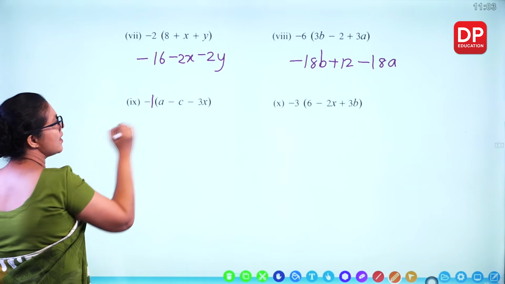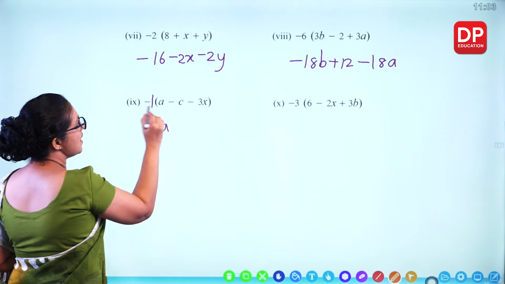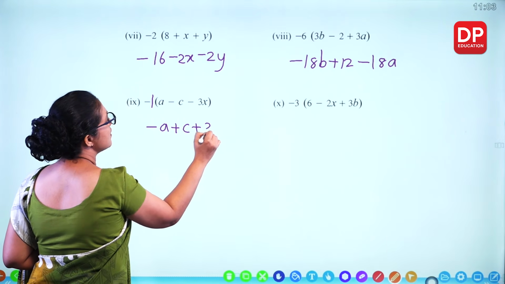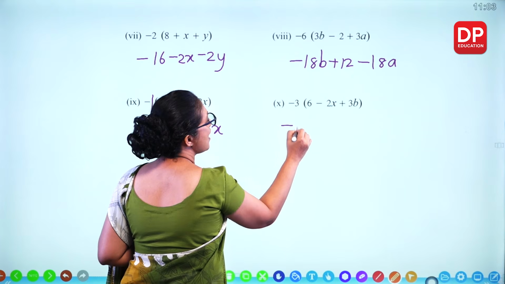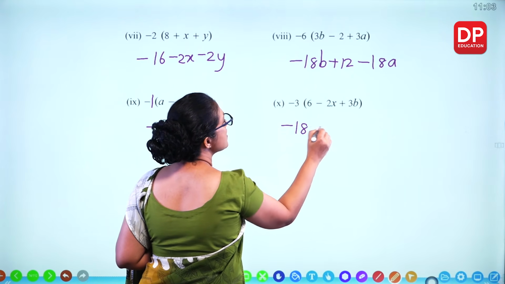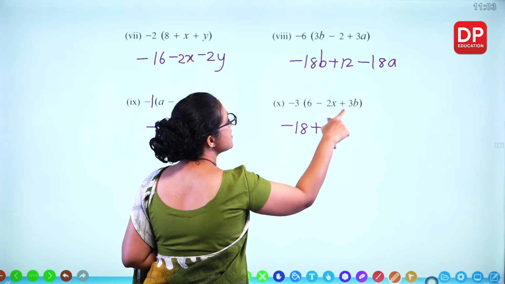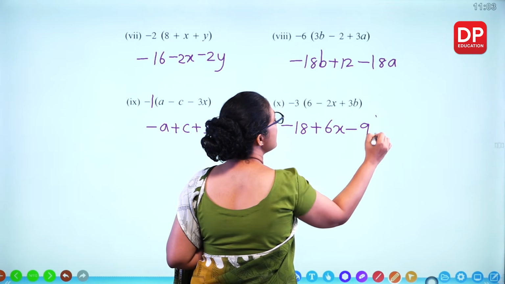Here 1 is there. Minus into a minus c. Minus into minus c, plus c. Here you get 3x. Minus 3 times 6, minus 18. Minus into minus plus 3 times 2, 6. Minus 3 times plus 3b, you get minus 9b.